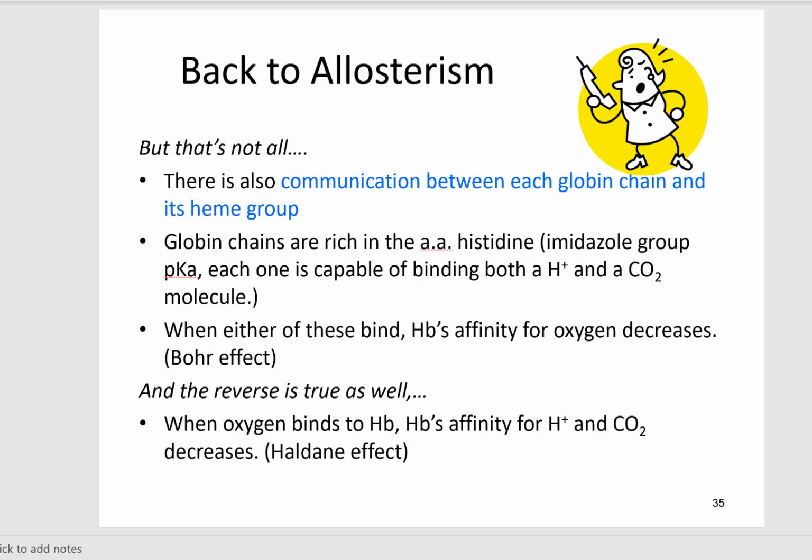Maybe that surprises you. Hemoglobin carries more than oxygen. Hemoglobin can also carry hydrogen ions, think acid, and carbon dioxide, one of our waste molecules, our gas waste from cellular respiration.